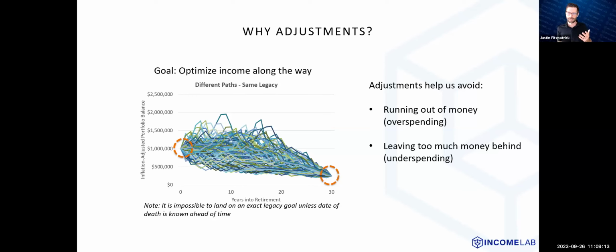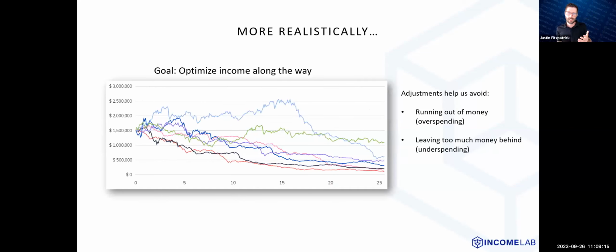So that's unlikely. However, it is possible to at least shrink the range of outcomes and get close to optimizing for retirement spending along the way, just by paying attention and giving people advice on when they can adjust their income up and when they should adjust their income down or make other changes to remove risk from the plan. So that's at a very high level why you would want to use adjustments in retirement.